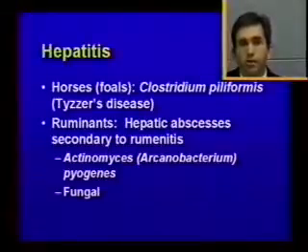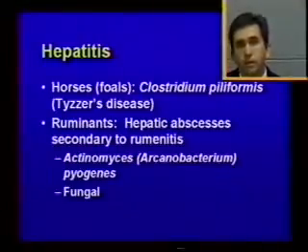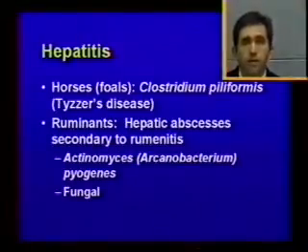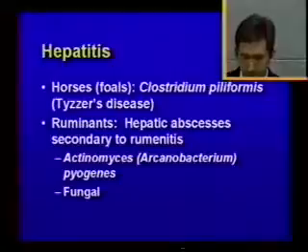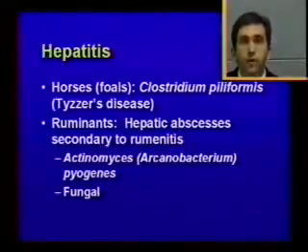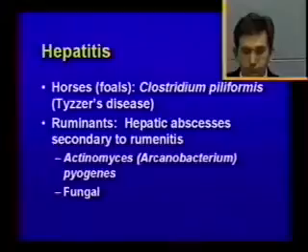Dairy cattle that are fed a very high concentrate diet may develop ulcers in the rumen, and this is just an excellent portal of entry for bacteria and fungi to enter the portal circulation and to travel to the liver, where it causes a severe necrosis and inflammation of the liver. This is also known as sawdust liver. This would be necrosis and inflammation of the liver secondary to ruminitis.